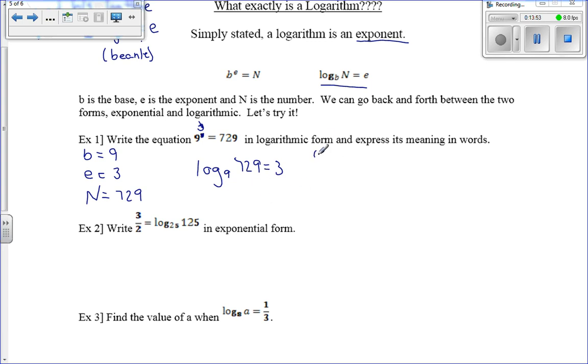And to put this in words: the exponent to the base 9 of the number 729 is 3.